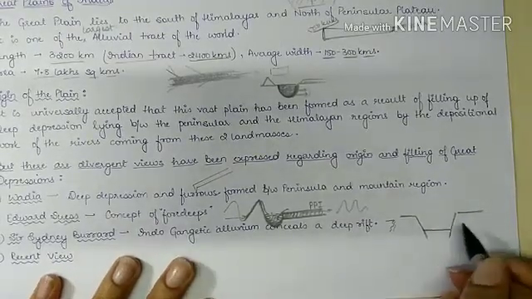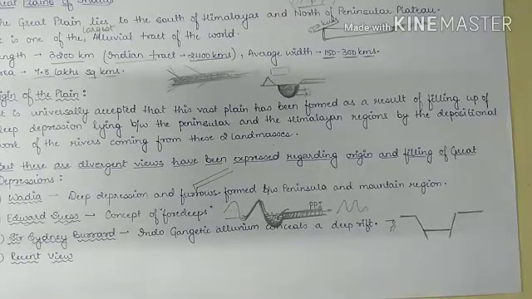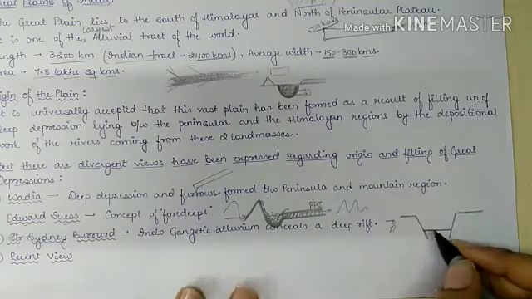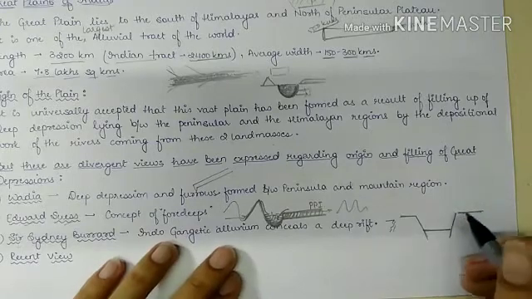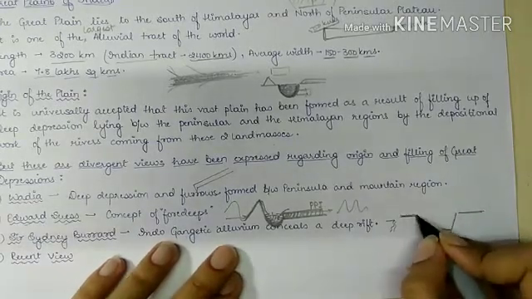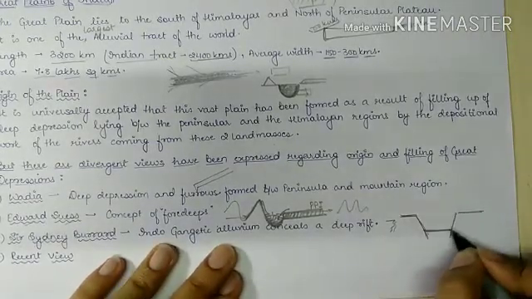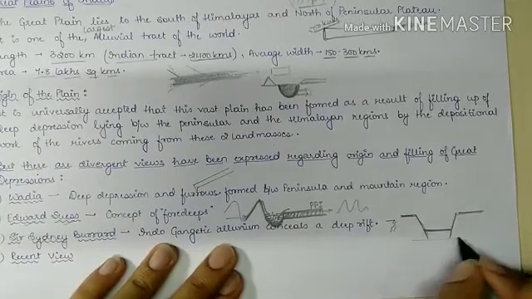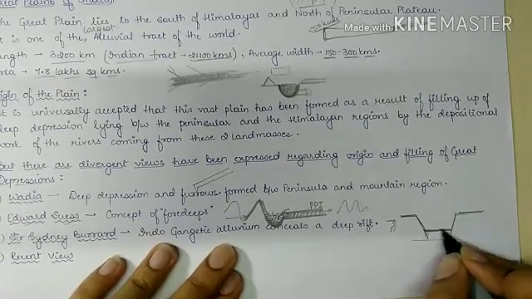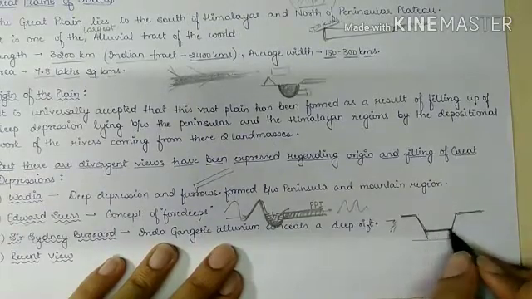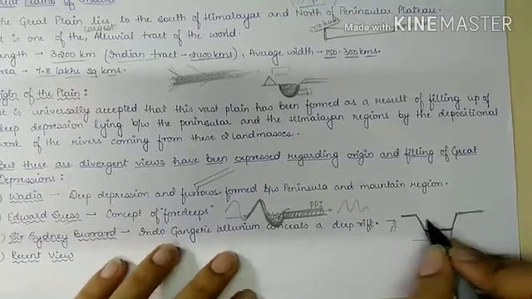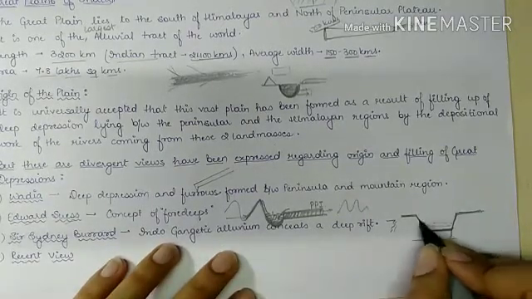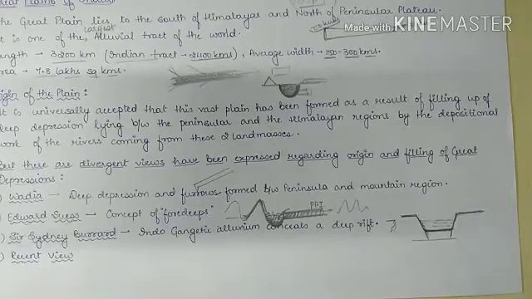The hollow that was created was sequentially filled by detritus. Because of the fracture in the subcrust, a fault was formed, a rift valley was formed, and this rift valley was filled by detritus.